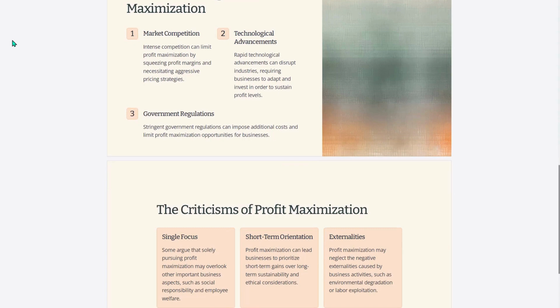Intense competition can affect pricing strategies. Technological advancements will disrupt industries, forcing businesses to adapt and invest in order to sustain profit levels. Government regulations. Stringent government regulations can impose additional costs and limit profit maximization for businesses. The criticisms of profit maximization. Single focus.